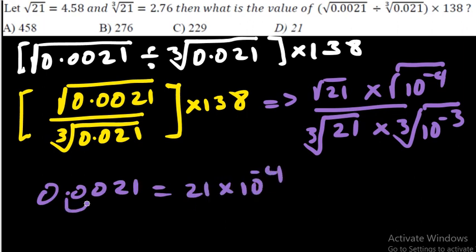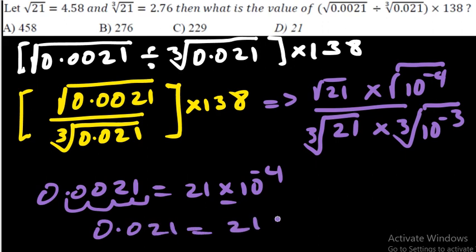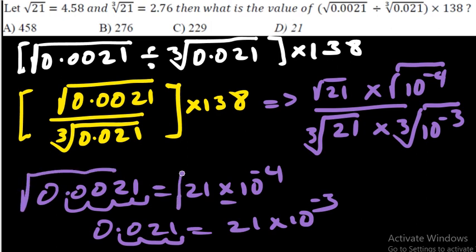You can shift the point 1, 2, 3, 4 times, so times 10 to the power of negative 4. And the down part, 0.021, is the same as 21 times 10 to the power of negative 3, because we shift the point 3 times. Then decompose the radical: this whole thing is in the radical, so you can break down the radical and give it for each.